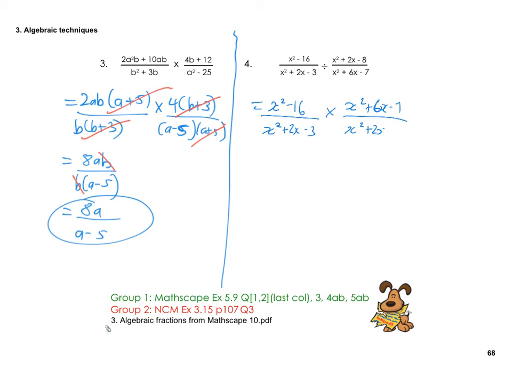Now, this is going to be long because each of these can be factorized as a trinomial, so 2 brackets. So if you need to, feel free to do a cross method for each of these to see what the numbers are. So pause the video and have a go at factorizing from here.